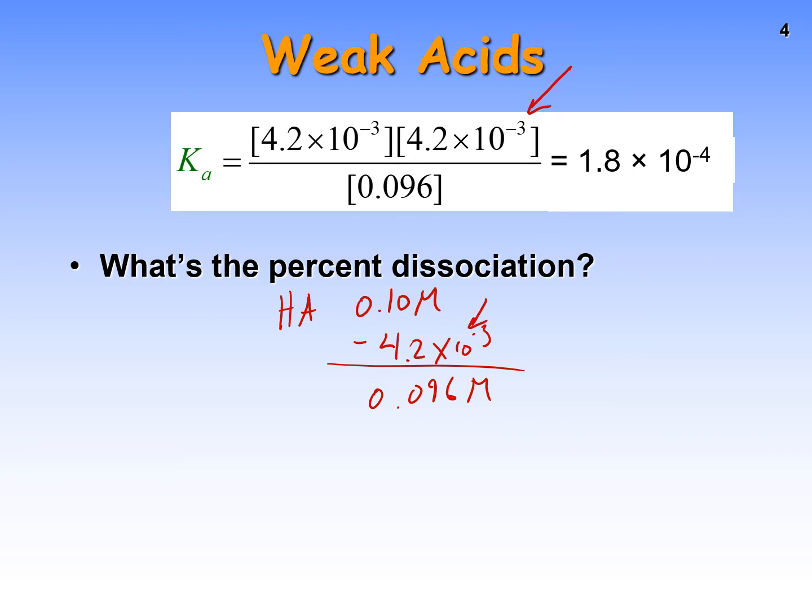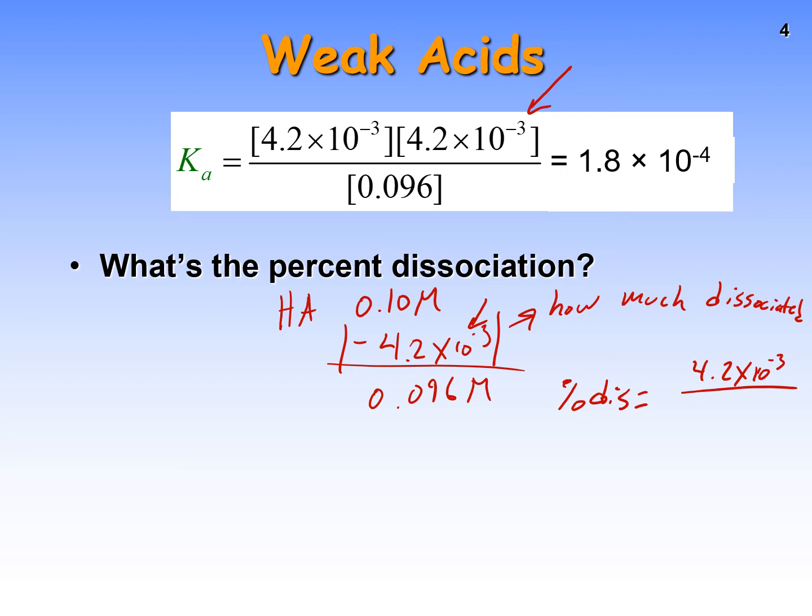The absolute value of this is how much dissociated. And so my percent dissociation is equal to 4.2 times 10 to the negative 3 all over 0.10 molar, and then, to get it in percentage format, times 100.